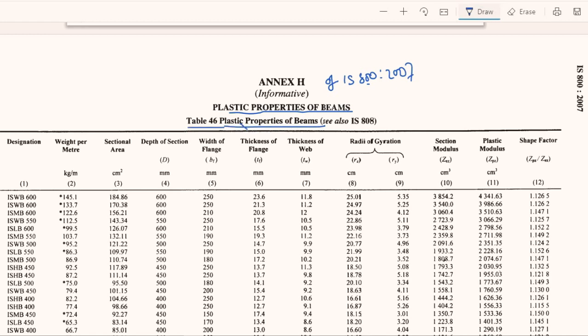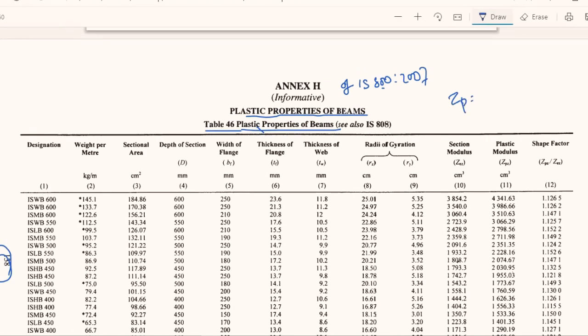So I wanted to have Zp of 3800 centimeter cube greater than or equals to 3800. So now if you see here, this is 3510 and the next thing is 3986. I want 3800 or greater than this, right?